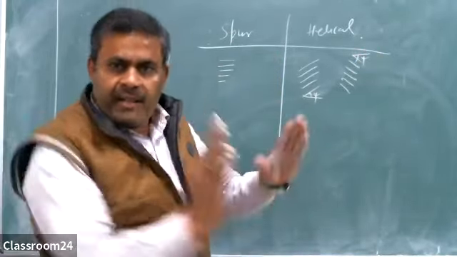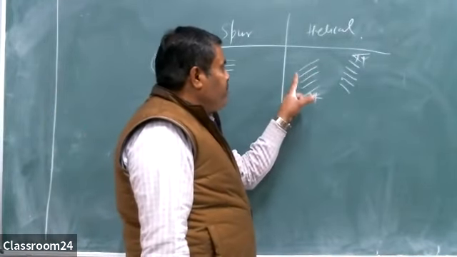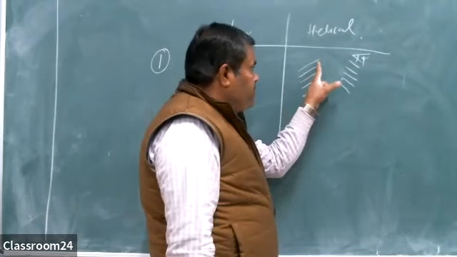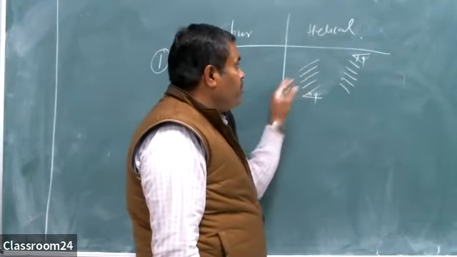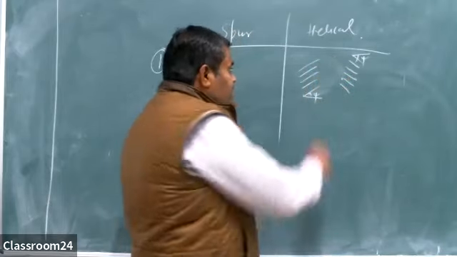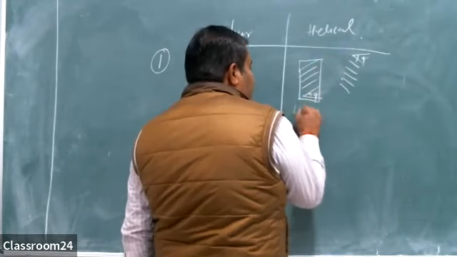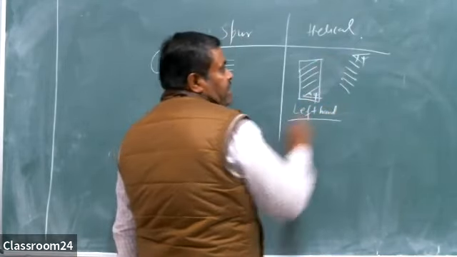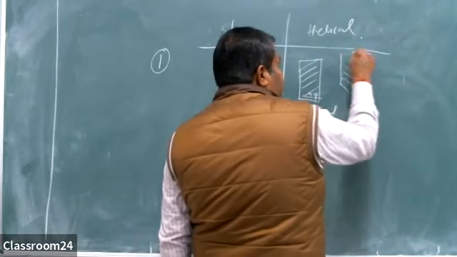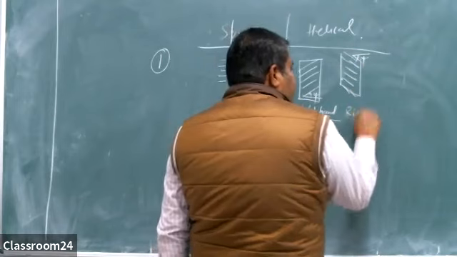For helical gears the logic will be the same. If teeth are inclined from bottom to top, then this is known as left hand helical teeth. And this type of teeth is known as right hand helical teeth.